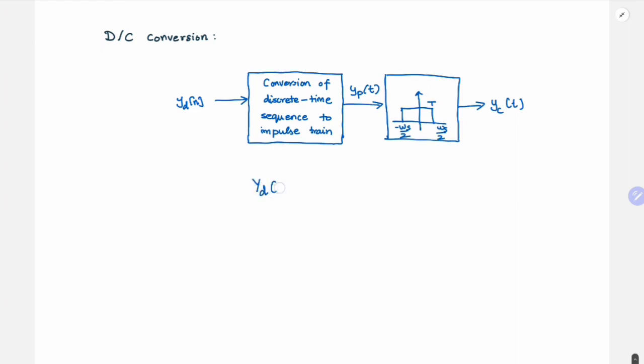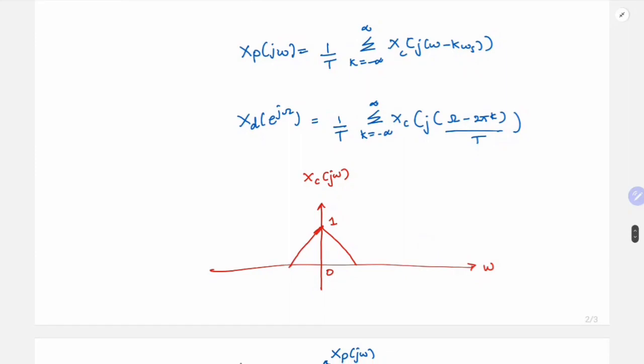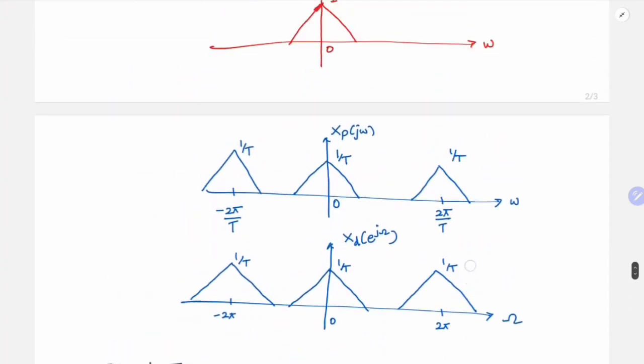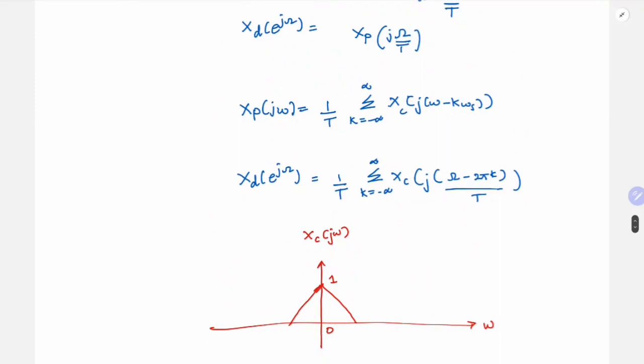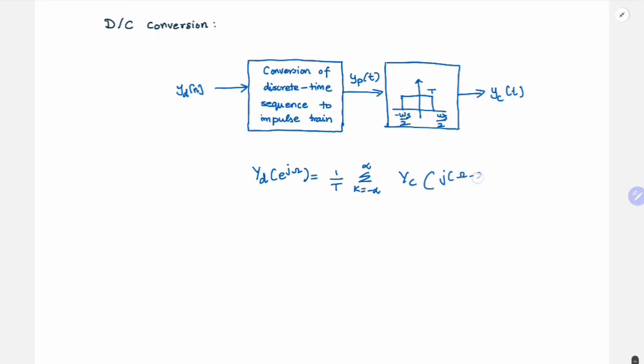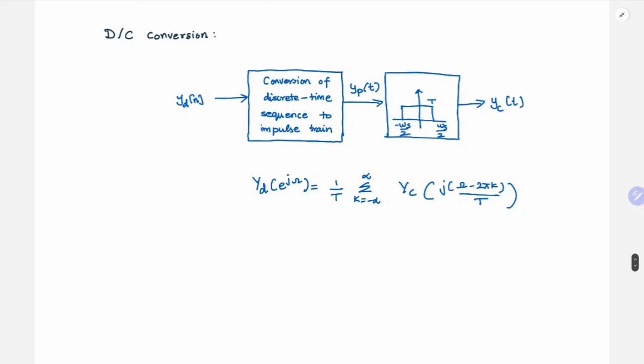My Yd of e power j omega will be 1 by T, similar to what we derived for X. So summation k equal to minus infinity to infinity Yc of j into omega minus 2 pi k by T, because this is also operating at T, right? So here you have T. Okay.